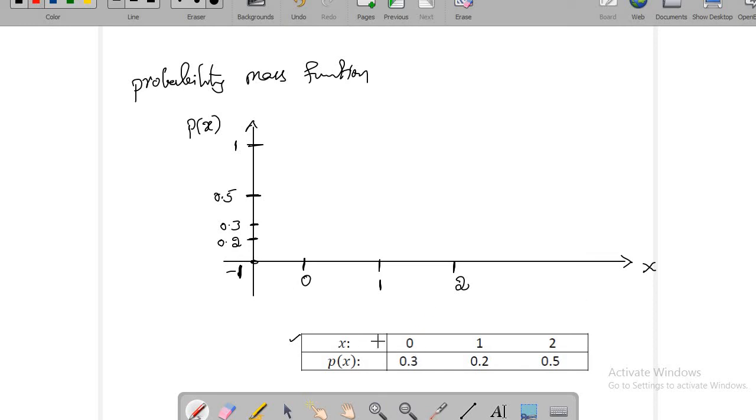Now the random variable x equal to 0 is assigned 0.3, 1 is assigned 0.2, and 2 is assigned 0.5. Now this is the probability distribution. If you want, you can take them like this, just for identification.